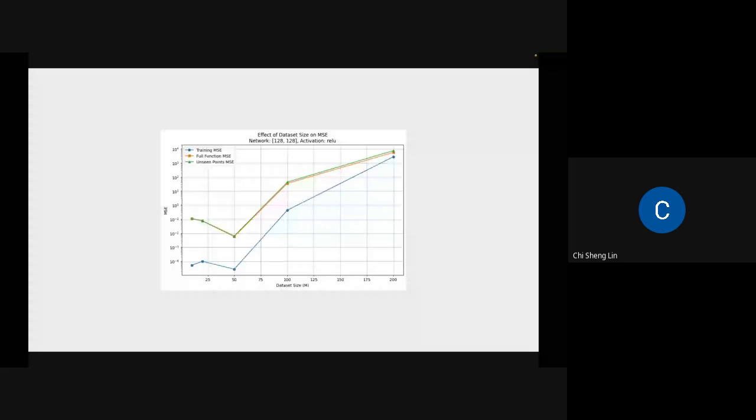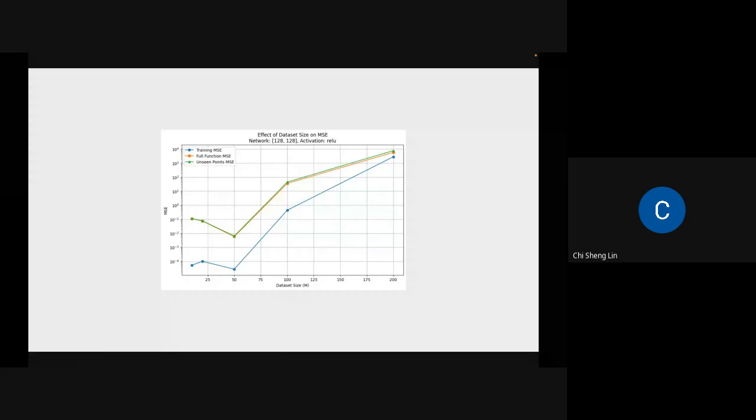About the early stopping and convergence behavior: for small data sets, the model trains quickly and stops early due to convergence. It's not shown here, but according to the results, for 15 points it stopped early at 2,000 epochs in 3 seconds. For 20 points, it stopped early at 6,000 epochs in 8 seconds.